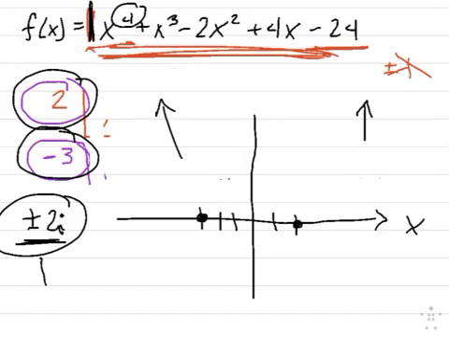Now I don't know exactly where these are going to show up, but what I do know is it's going to go up on both ends. The end behavior is up in both directions, and it crosses here, and it crosses here. So it could do this, or it could have done something different.